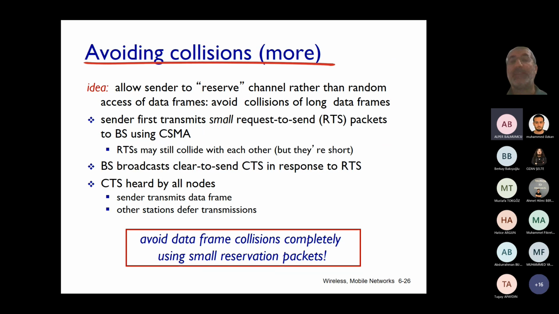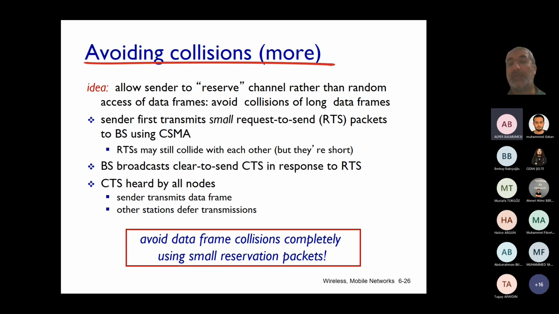The sender first transmits a small packet called RTS, request to send, to the access point using the carrier sense multiple access protocol. These request to send packets may still collide with each other, but since they are short, our loss is going to be small.